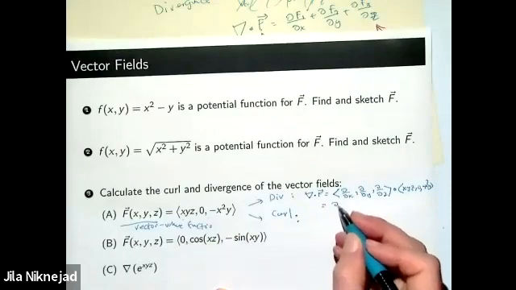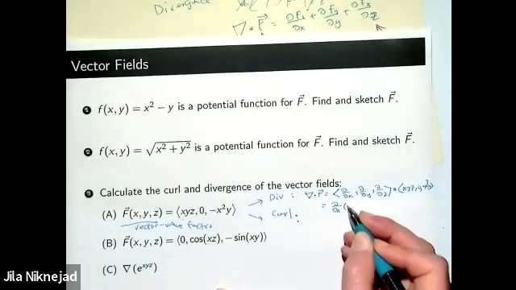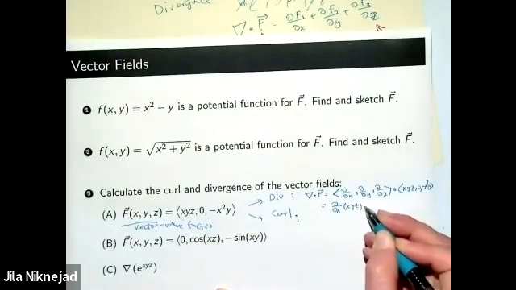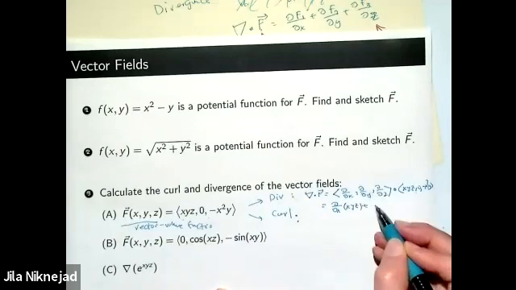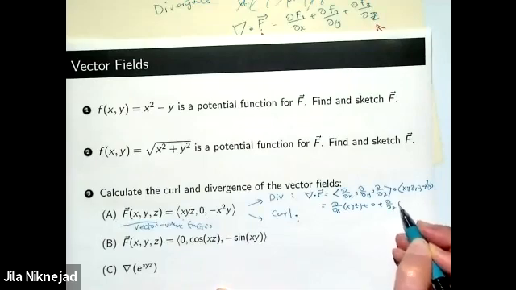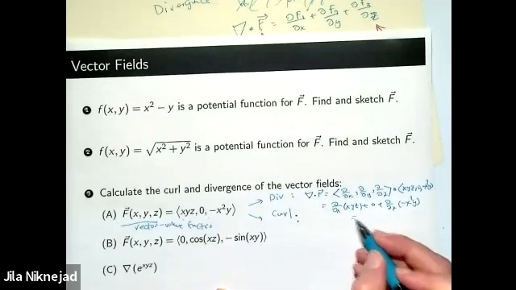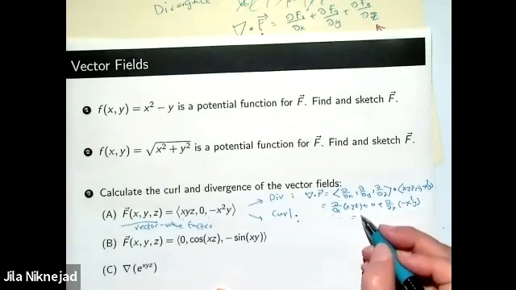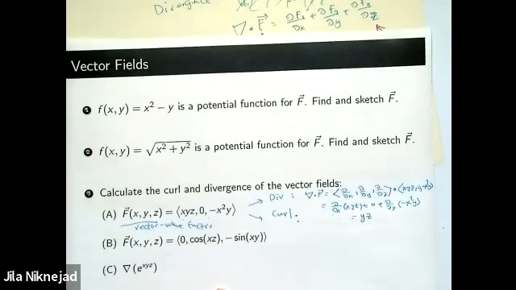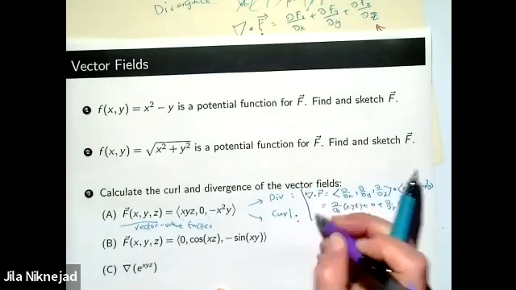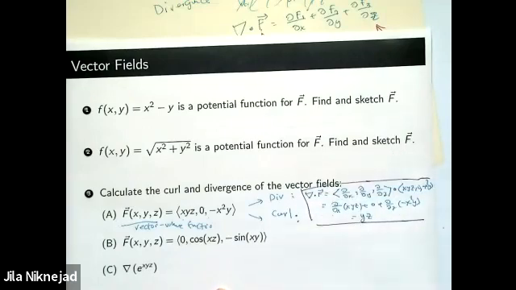And so that is the partial with respect to x of x, y, z, plus partial of 0 is 0, plus partial with respect to z of negative x squared y. And that is going to be just yz. So that's the divergence of this vector.